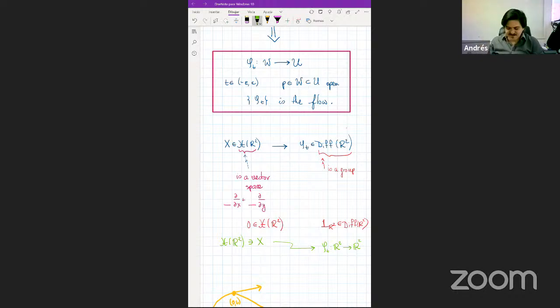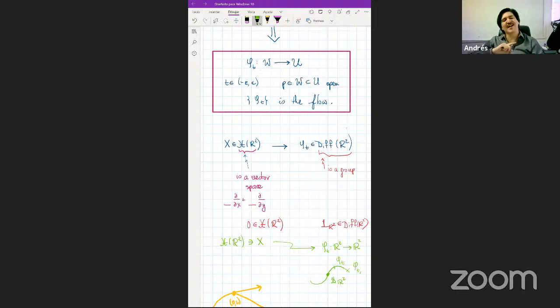What you constructed on the group of diffeomorphisms was a curve. This is a curve of diffeomorphisms. This is the identity element, phi t1, I don't know.